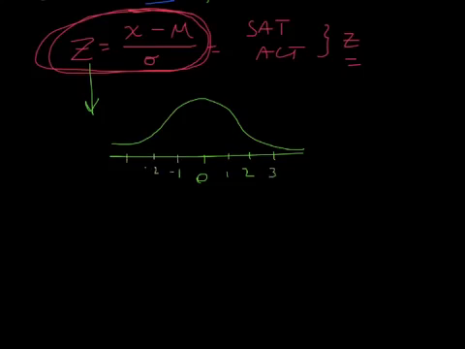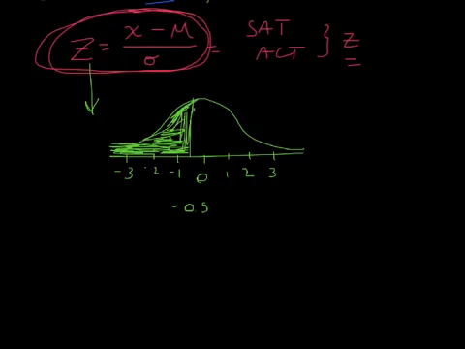-2, -3. Okay? And the questions are going to be things like, what's the probability of somebody's z-score being lower than, for instance, -0.5? So I want this right here. It's actually an area. And if you wanted to know where those chart numbers come from, they come from calculus.